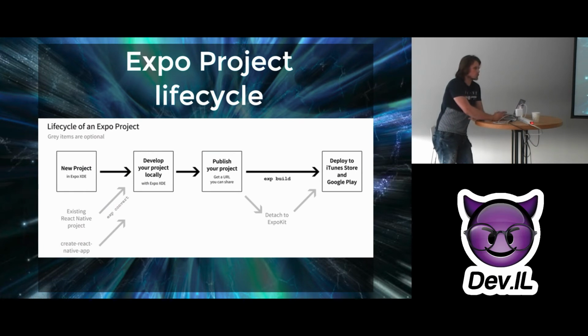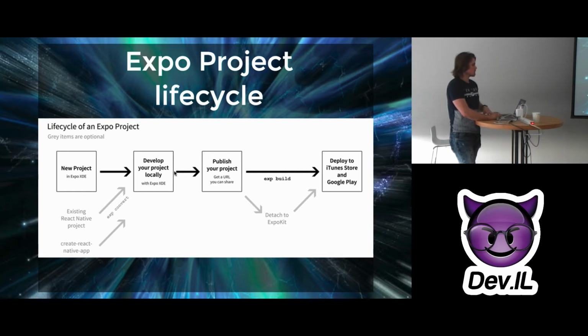So when you create a project with Exponent or with Create React Native App, the lifecycle will look something like that. You can, from XDE, just click a button, new project, and it will create a new Exponent project. Or, more advisable, you can use Create React Native App.